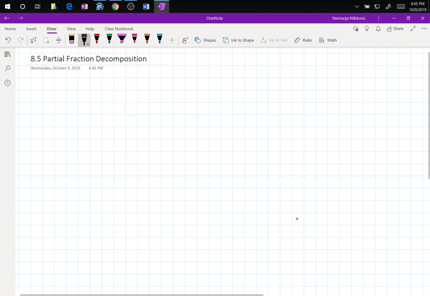So we are going to start with two rational functions. They can be linear, they don't have to be, but let's use linear. So 3 over x minus 2 plus 2 over x plus, let's say, 5. Actually, that is going to be your target.